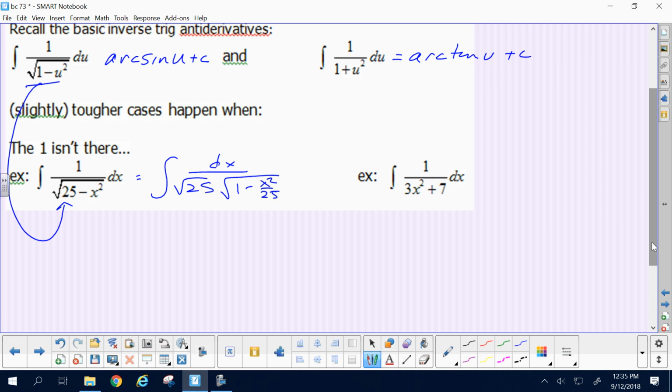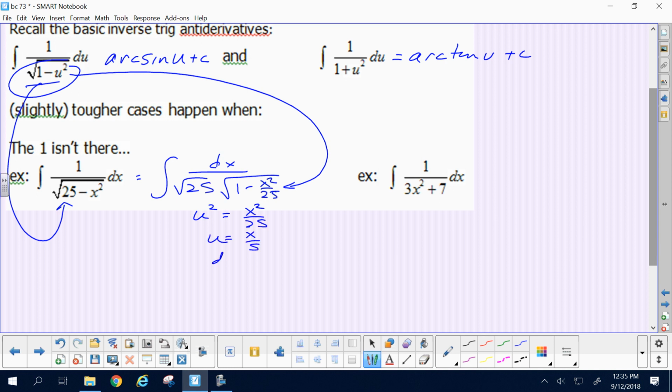Okay, that then is going to go to ready to use sub. This is like the basic blueprint. You now need to figure out, all right, in this case, u squared is x squared over 25, which implies u is x over 5, which means du is 1/5 dx, and therefore 5 du is dx. Now, with all that done, this problem becomes 1 over root 25, I'm just going to call it a 1/5 out front.